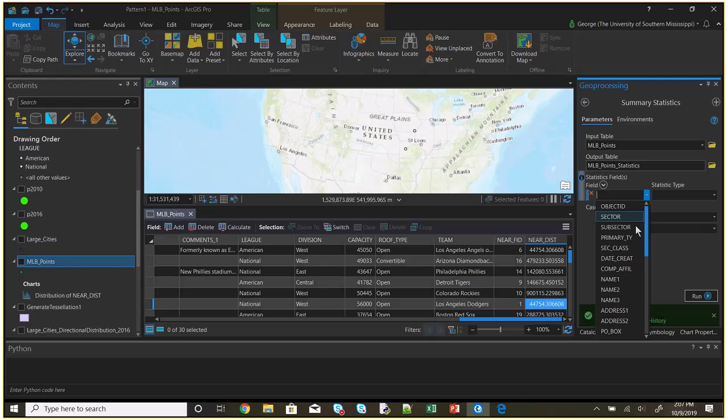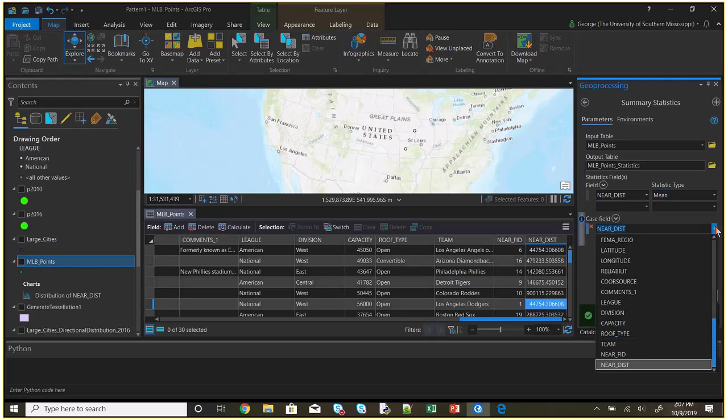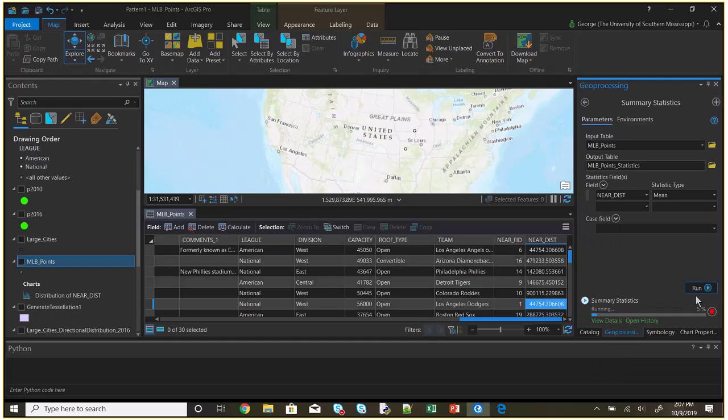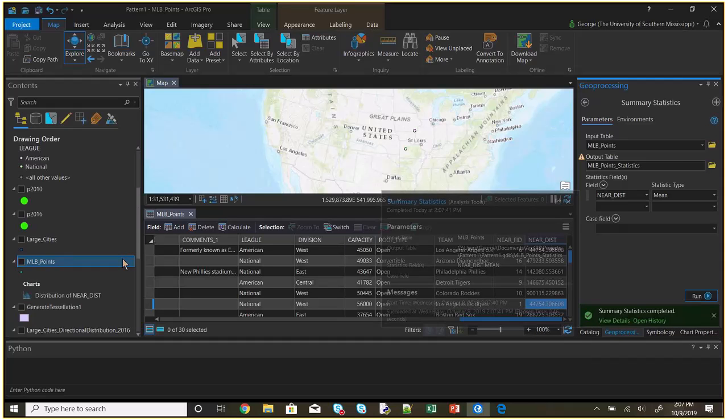And I just get the near dist. I want the mean, and I don't need a case field. Run that guy. I'm not going to get a table out of this.